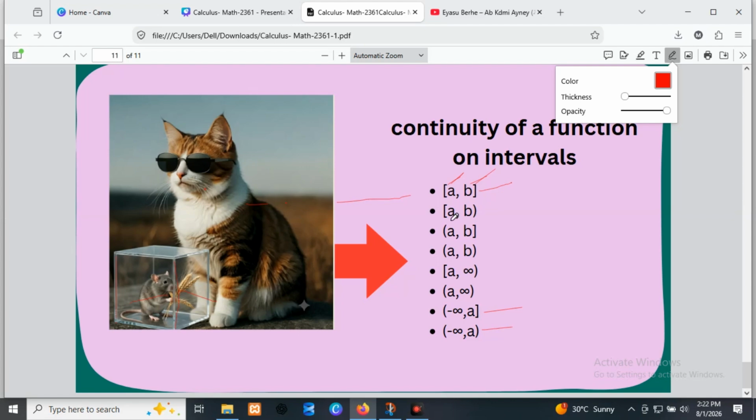Again, we can conclude from this real life example the continuity of a function on an interval. So the life of the rat is continuous over the closed interval a and b.